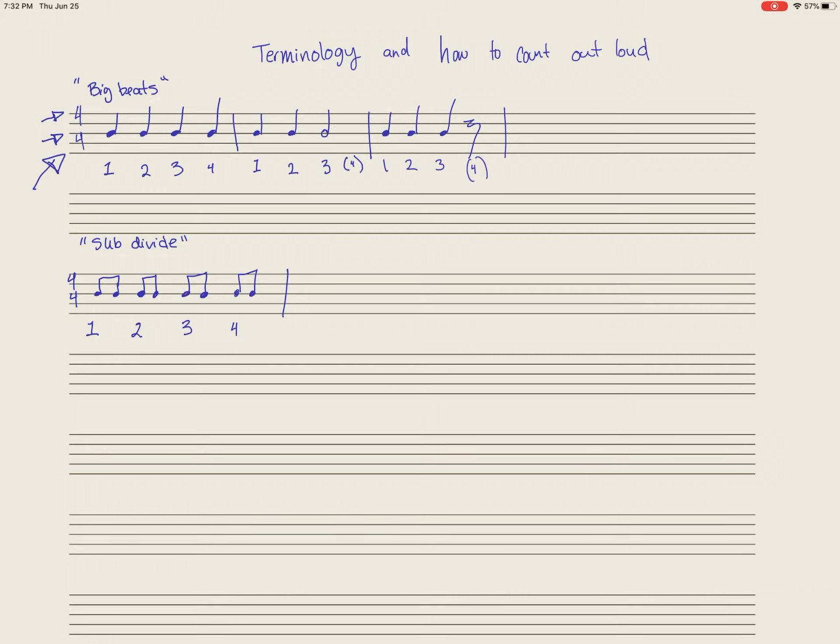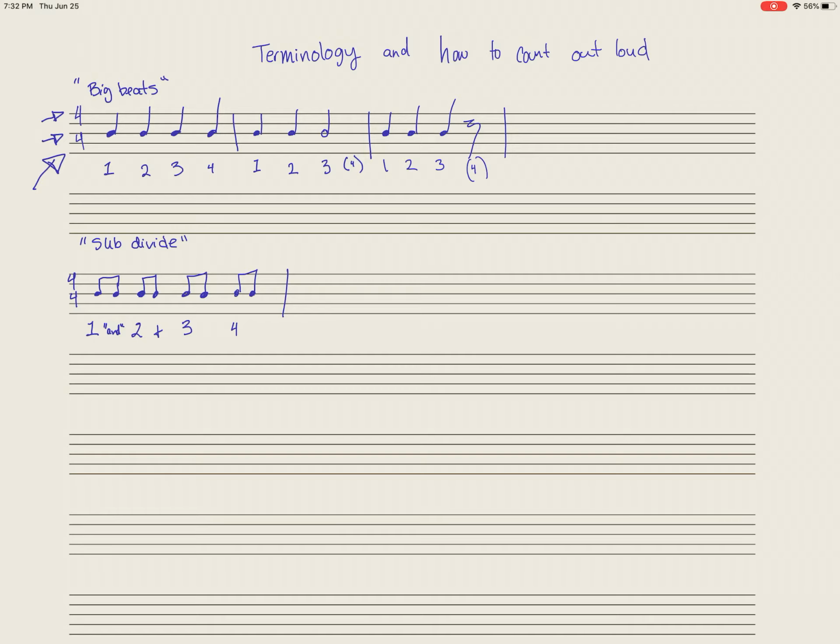But the subdivisions, if we are in eighth notes, we will use "and." And I use the shorthand of writing just a little plus sign, and that's extremely common to see, but what you will be hearing is "and." So this would sound like 1 and 2 and 3 and 4 and.